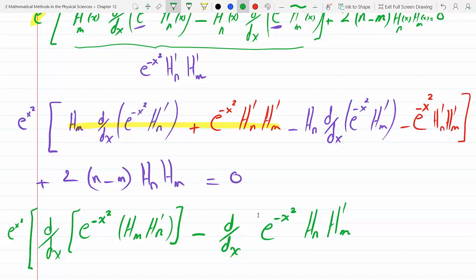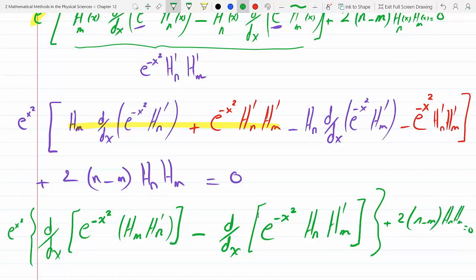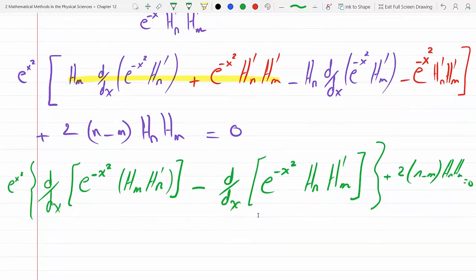Okay, plus, so let's put a bracket on this, plus the last term h_n h_m. Okay, so here's what I'm trying to say. If you were to FOIL the product rule on this, you will get h. So what I'm trying to do is group these two together, so you would get exactly these two, right?